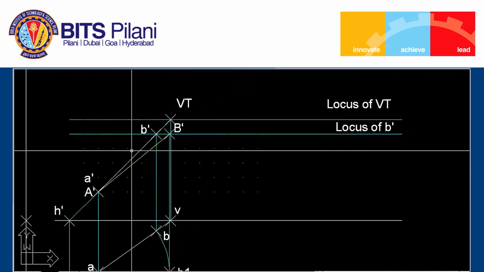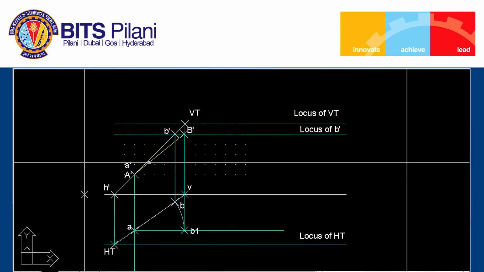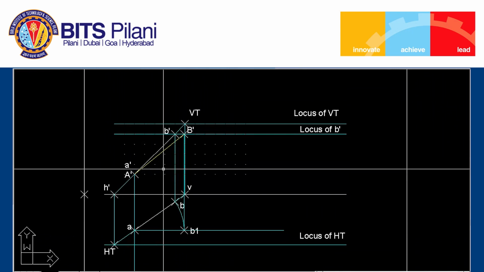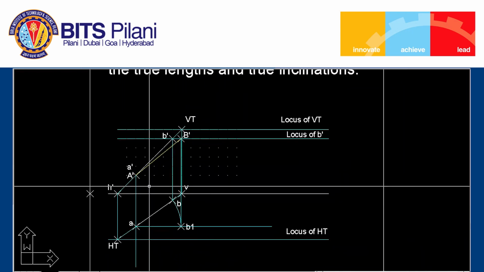We will indicate it with the yellow color. So the true length we obtained, and the true inclination also we can measure for this line, that will be angle theta.